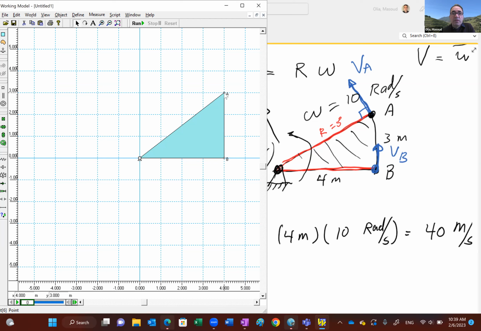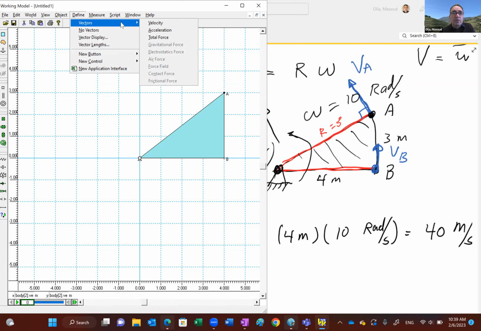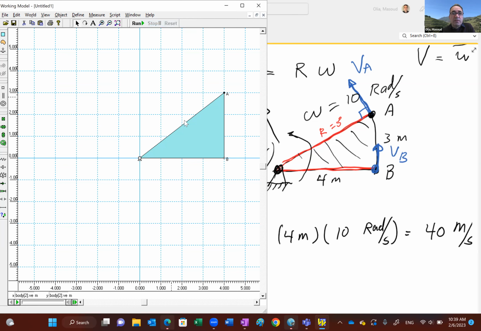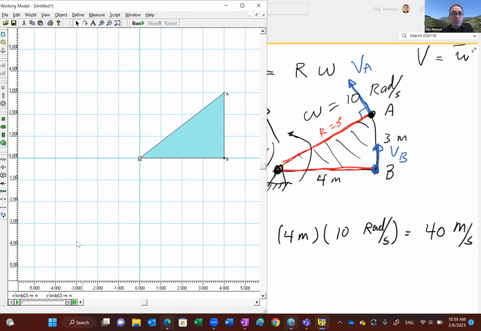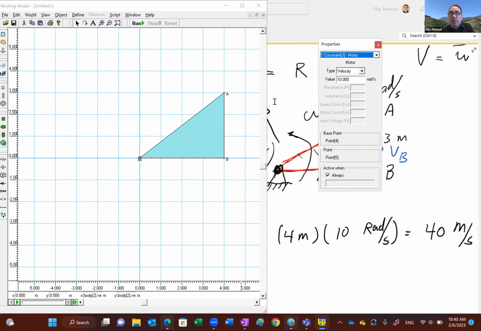And I can even establish what we call show me the vector, the velocity vector, and the same thing here for point B. So we can actually see the vectors. And by the way, if I bring up the motor property, you see this is operating at an angular velocity of 10 radians per second, going counterclockwise right now.